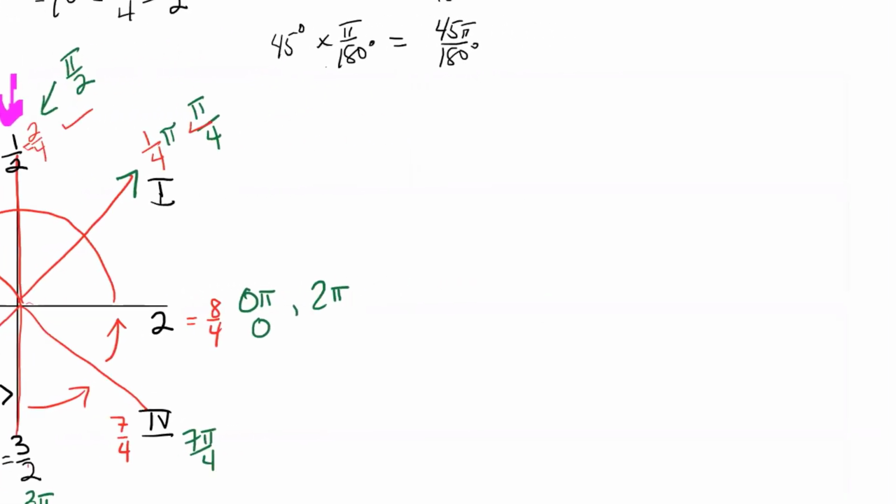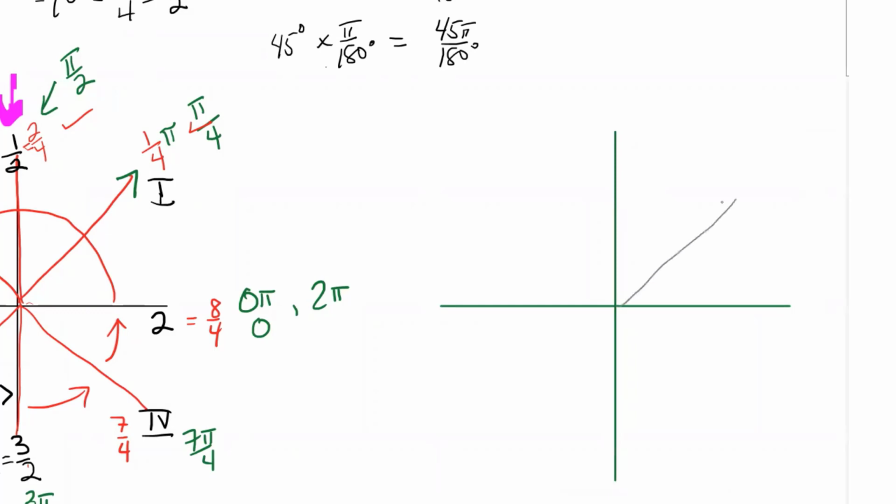So let's draw a circle with angles that divide that semicircle on top into 6 pieces. In other words, we're going to have 3 in each quadrant. So we're going to have 30 degrees, 60 degrees, 90 degrees.